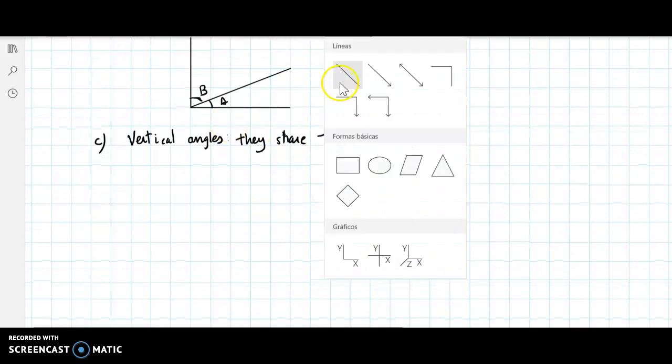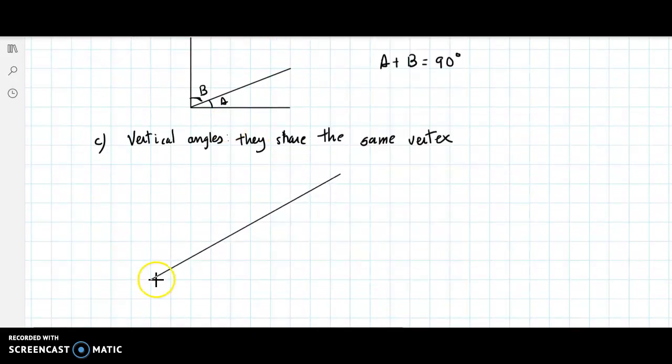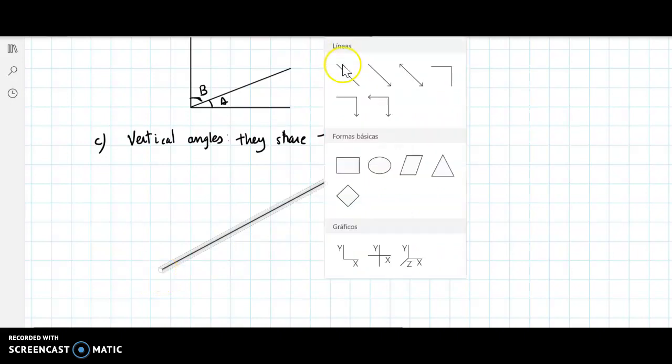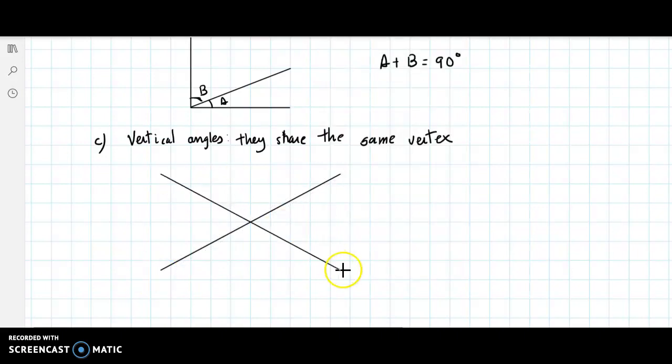And we have something like this. So we're going to make two lines, two second lines, because they cross each other. And for example, at the left side, we have an angle A. And if we go through the vertex, we go to the right, we find another angle, B. So they share the vertex, okay?